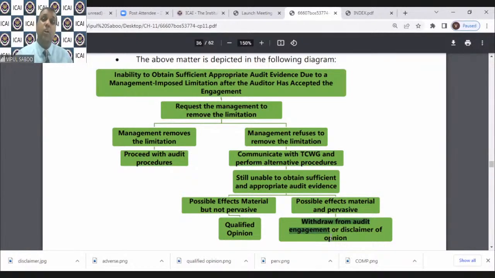If he cannot withdraw from the audit engagement somehow, he will disclaim his opinion, give a disclaimer of opinion. So this is a bird's eye view of what we did: limitation on the scope of the auditor by the management.